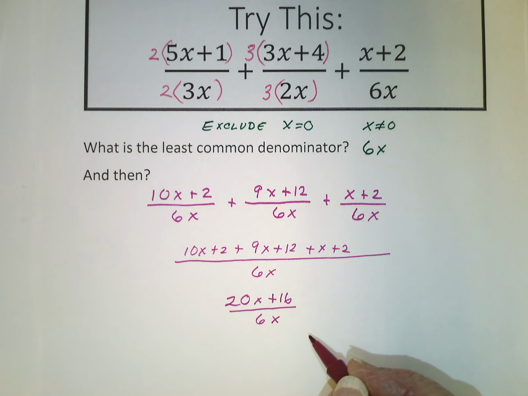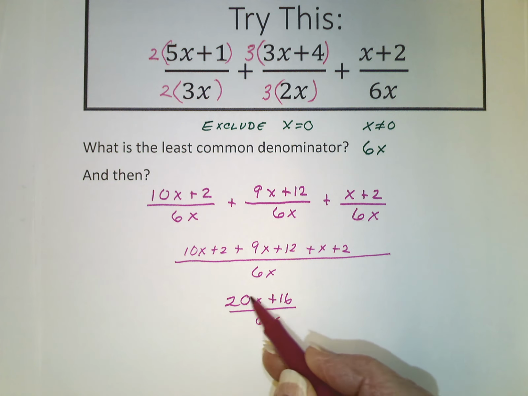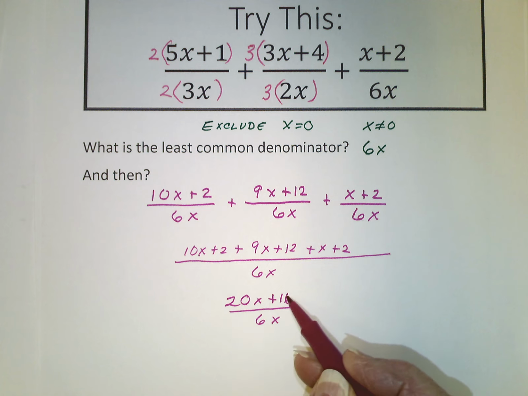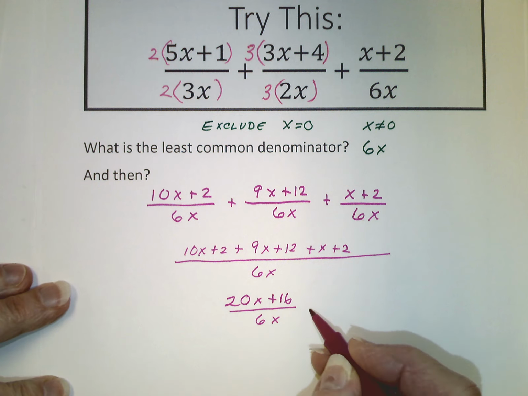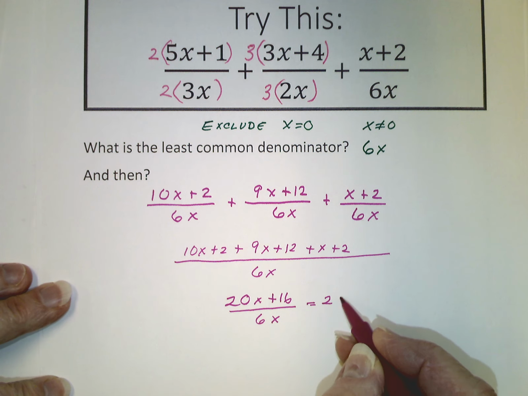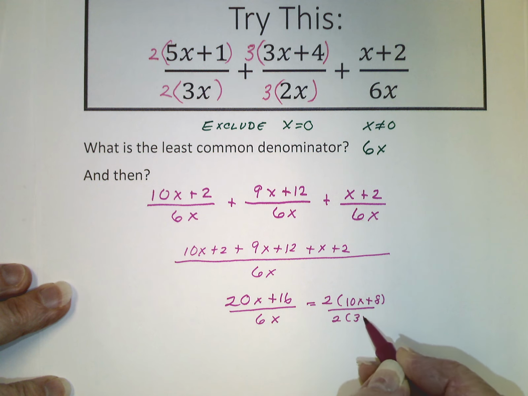Now maybe that will simplify. Maybe there's a common factor. Is there anything that will divide into 6x that will also divide into 20 and also divide into 16? Well, they're all even. So this could be 2 times 10x plus 8 over 2 times 3x.